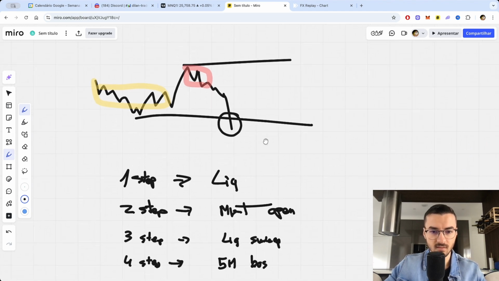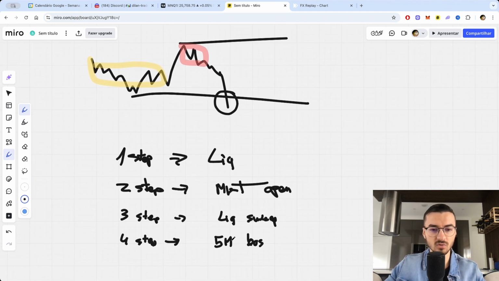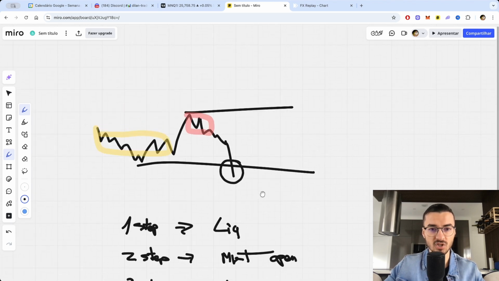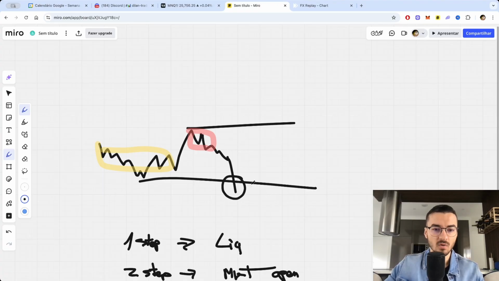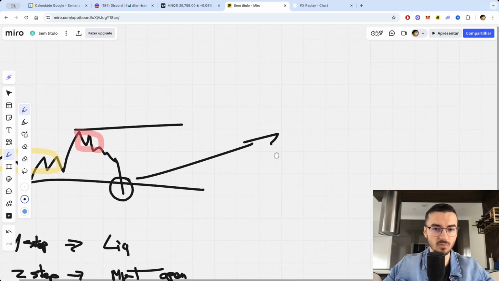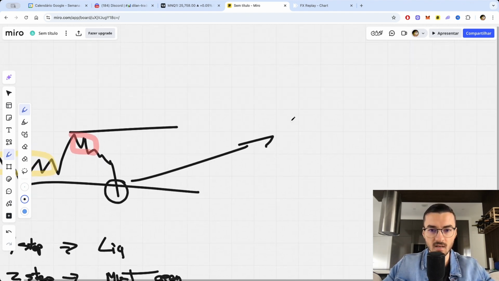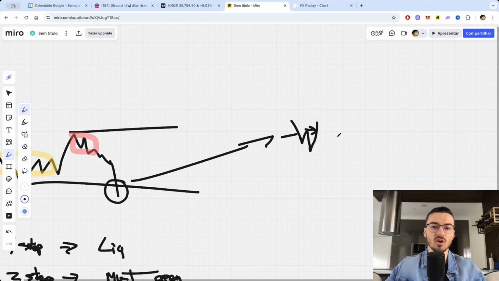Then, as we got your liquidity sweep, all you need to do is wait for M5 break of structure, and you know that market goes from one liquidity to another. So we have swept the lows to potentially gather enough liquidity in order to go sweep the highs. If we zoom in here, you will see this liquidity. You would expect something like this, whether it be structure or candles. And I'll give you real life examples of these.